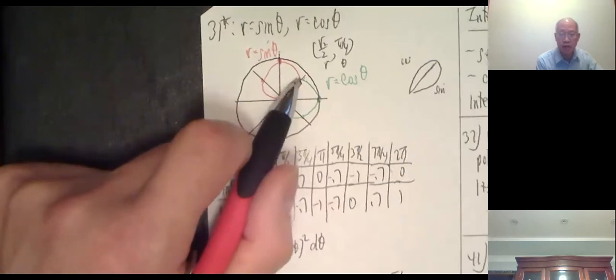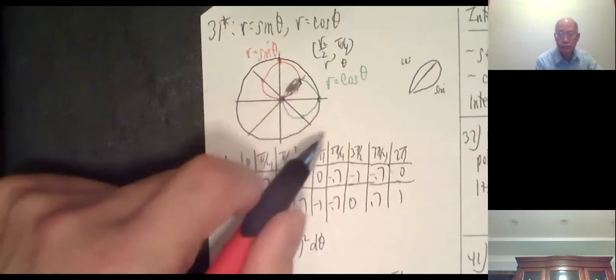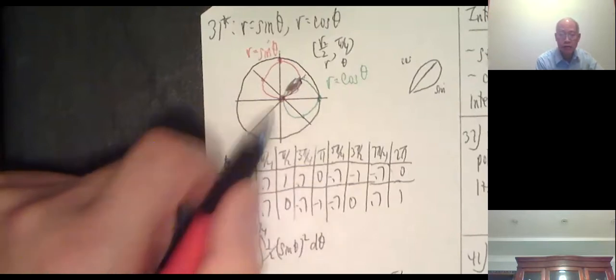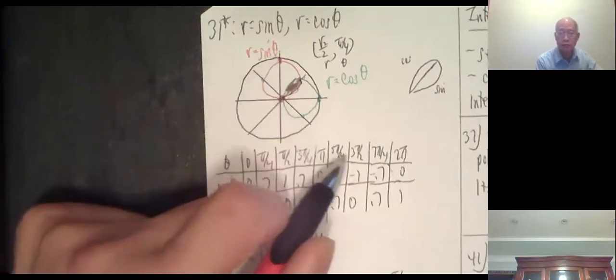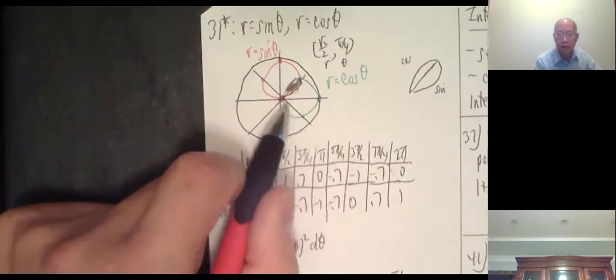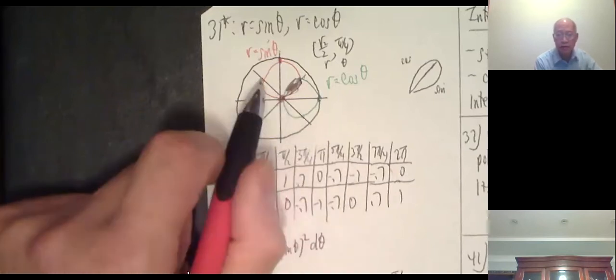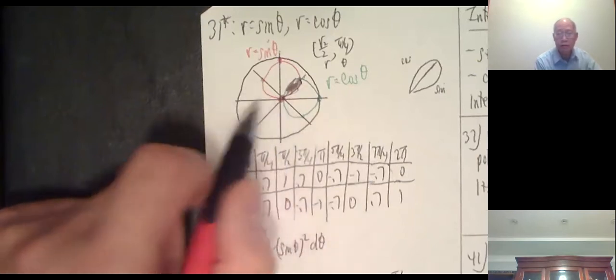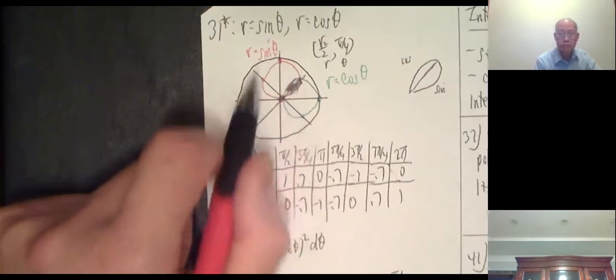But negative 0.7, we already got that. 3 pi over 2, negative 1. You aim this way, but you back up. We already got that. 7 pi over 4, you're aiming this way. Negative 0.7, back here, already got that. And then 2 pi, you're back to 0. So there we go.